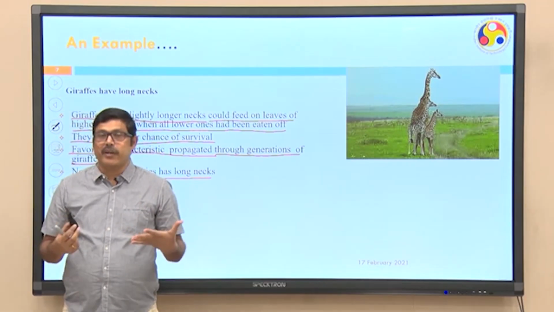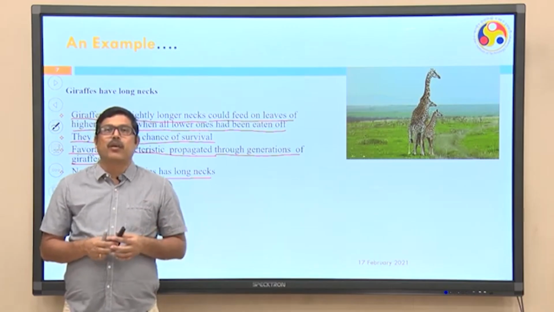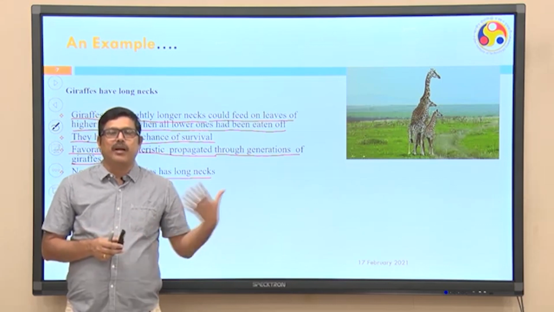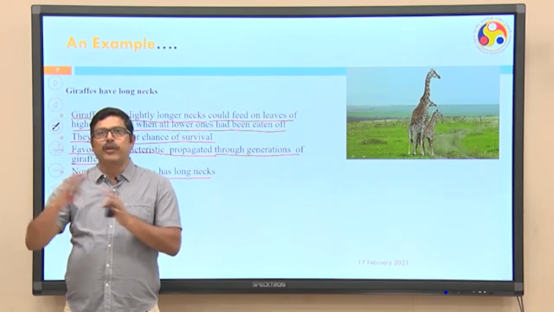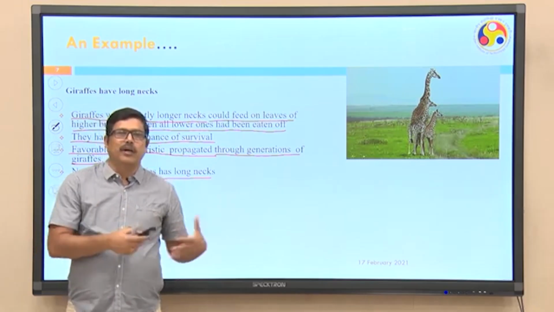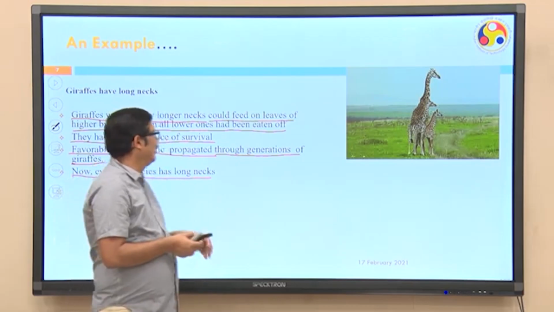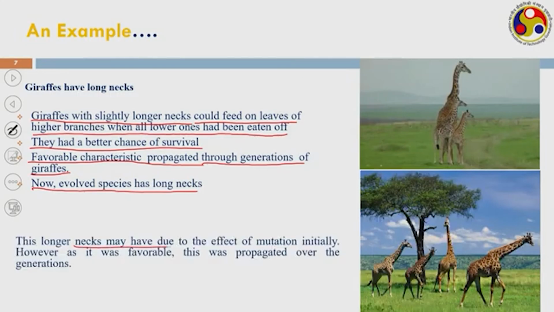But what is the favorable characteristic here? The favorable characteristic is the longer one. Giraffes with longer necks could survive and the others could not, and therefore, this evolved into a new species, and now whatever giraffes we are getting have longer necks. Okay. How are they getting longer necks?